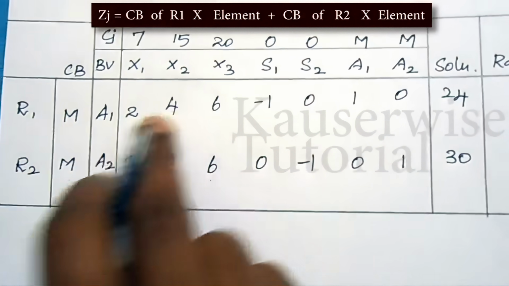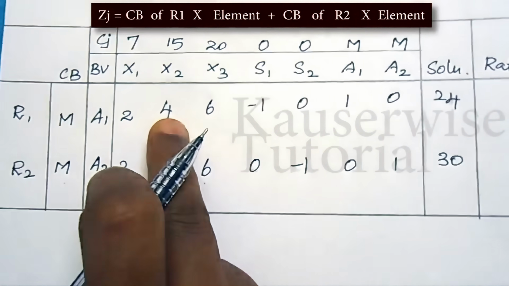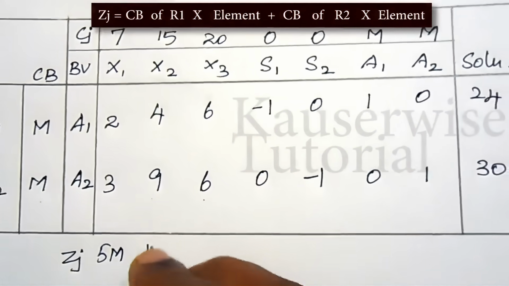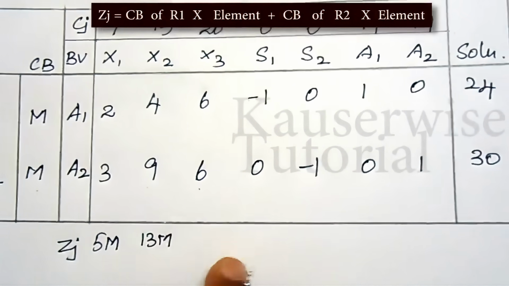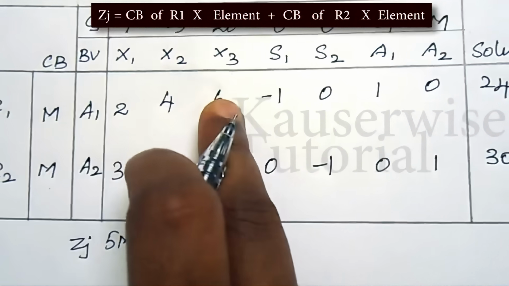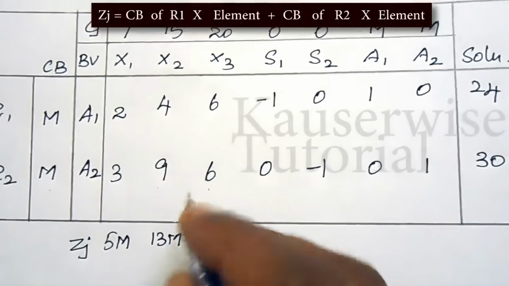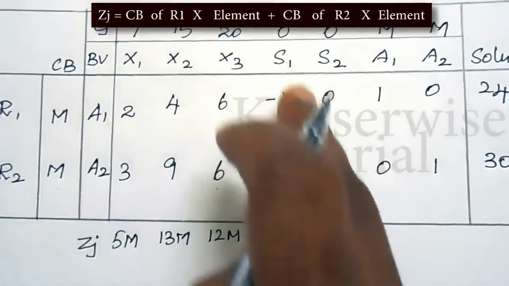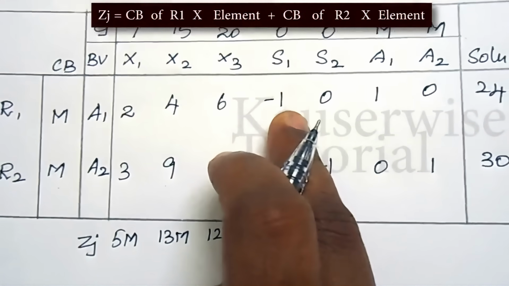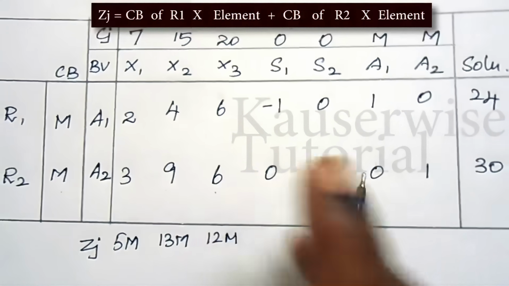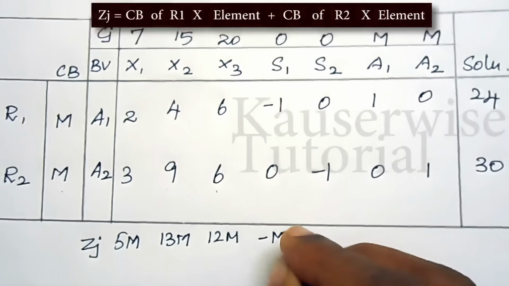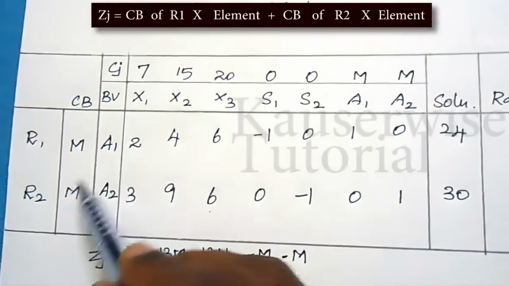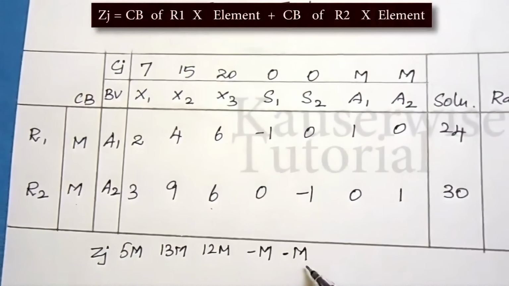For the next value, m into 4, 4m, plus m into 9, 9m. So totally 13m. For the next one, m into 6 plus m into 6, so 12m. Next value, m into minus 1, minus m, plus m into 0, 0. So the value is minus m. Next one, m into 0, 0, plus m into minus 1, minus m.